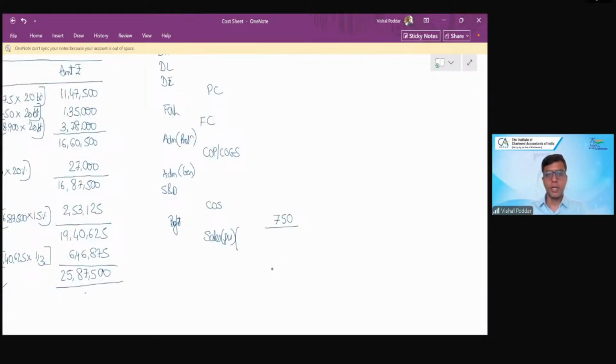So I will get my sales as 750 divided by 15%. Correct? Maths. Since 750 is 15%, how much will be 100%? 15 fives are 75, correct? So I think it will be 5,000.